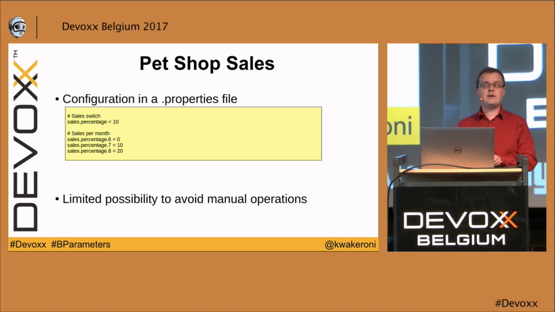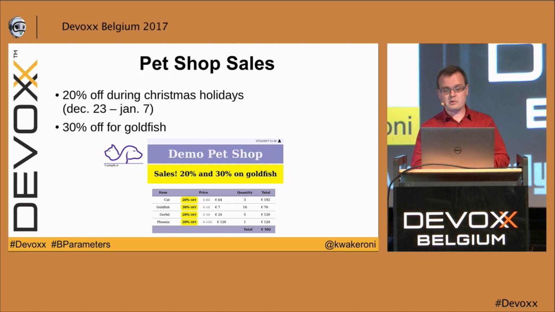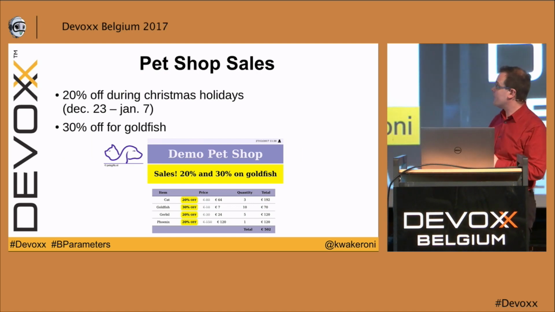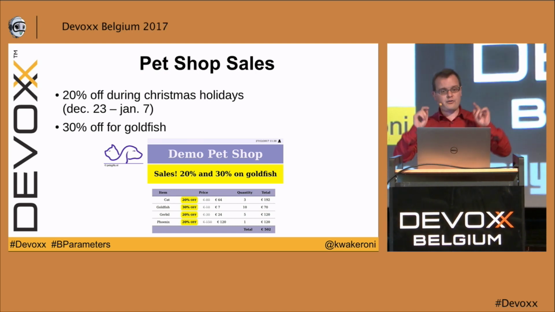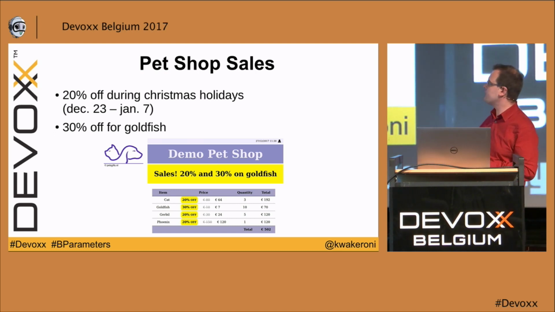Of course, we all know if you try to outsmart the marketing department, they will come up with some incompatible requirements. Like, if you want to have sales during the Christmas holiday, that doesn't fit well into the number of your month. And let's say that during that period, we also give 30% off for goldfish, because they won't survive the winter anyway.